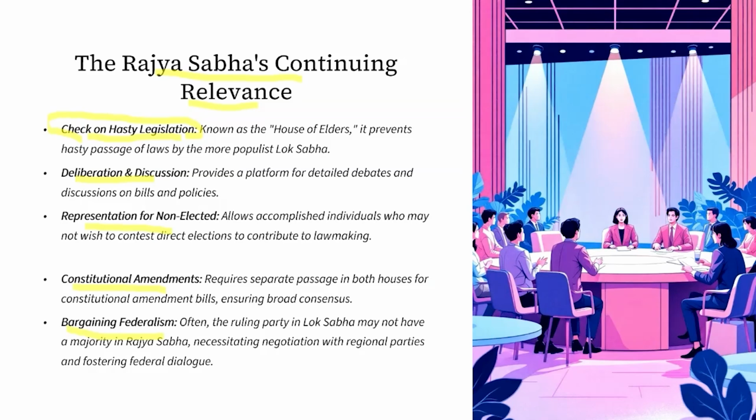Then it becomes important for the majority party in Lok Sabha to bargain with these regional parties and come to a conclusion. What this means is that federalism is upheld through Rajya Sabha. So these are the relevance of Rajya Sabha.